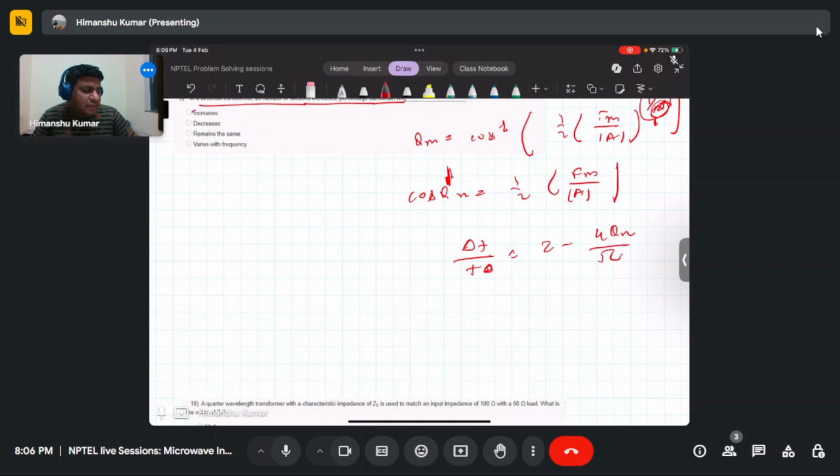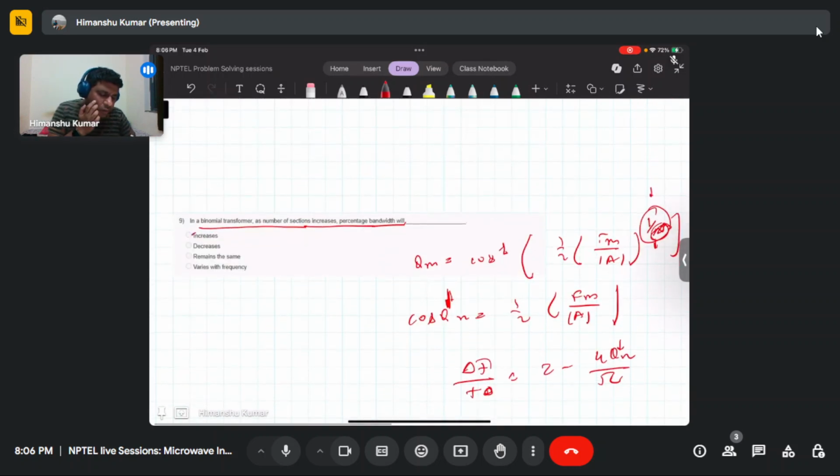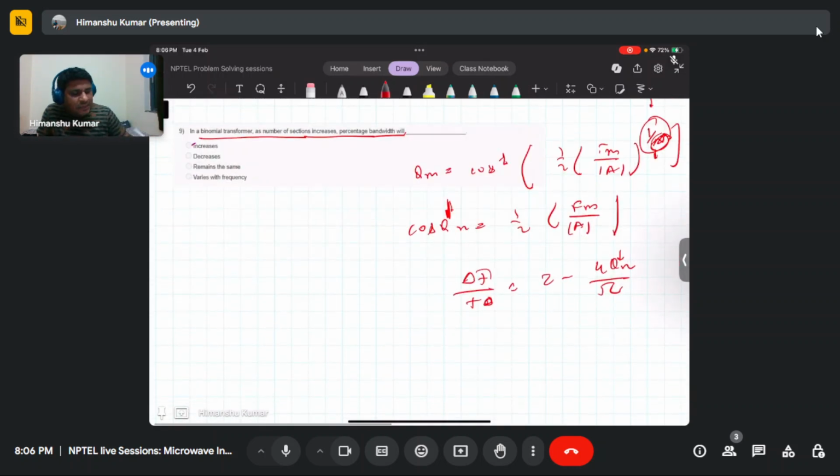As theta m decreases, the bandwidth increases, so the percentage bandwidth will increase. So the correct answer is this.